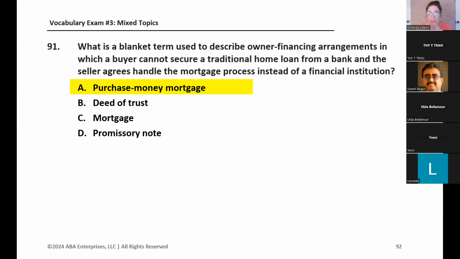It goes by a lot of different terms. It just depends on what arrangements you have with the owner or seller. So just remember, all of that falls into that category. It's a catch-all for all of that. So purchase money mortgage, land contract, contract for deed, installment contract, rent to own, owner financing, seller financing. It's all in that catch-all.